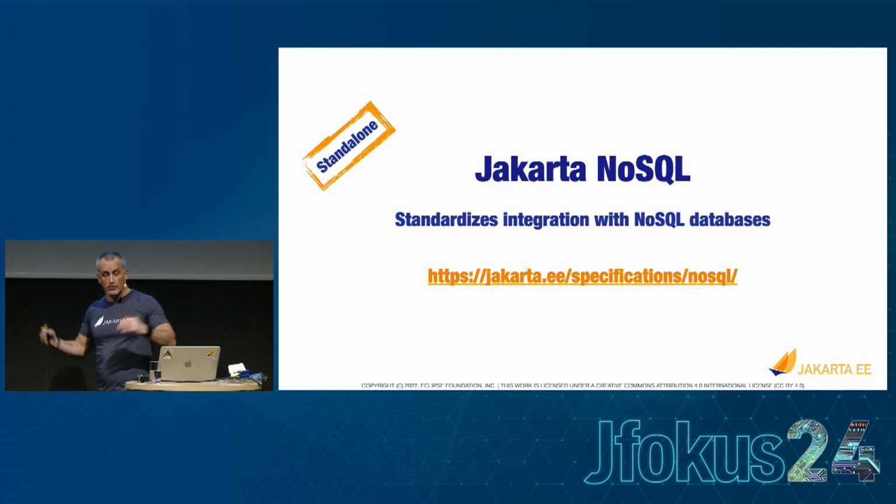The implementation, or one of the implementations, is Eclipse JNoSQL. That implements Data and NoSQL, so you can use Jakarta Data with NoSQL databases. And that's fairly powerful. This is standardized integration with NoSQL the same way as Jakarta Persistence standardizes SQL. So as far as you can go and be similar on graph and document and whatnot databases, this will take you there.